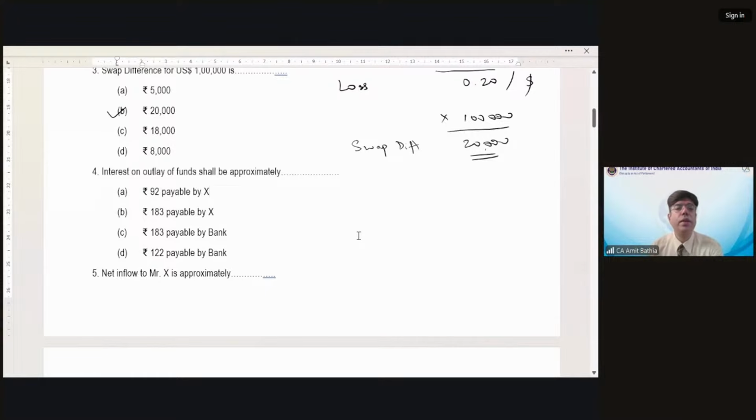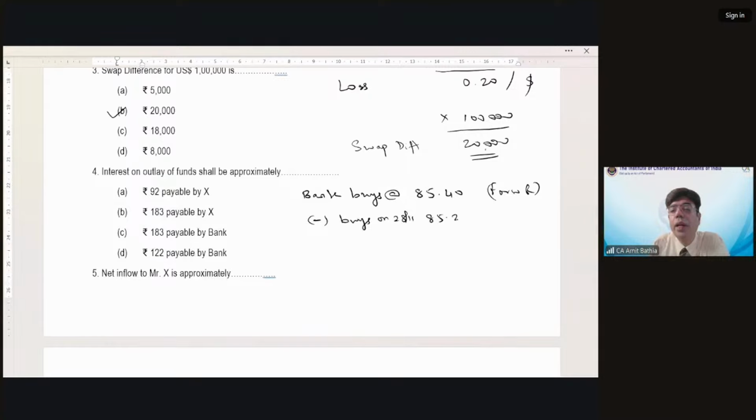Let me calculate over here. So the bank buys at 85.40. This is the forward rate given in the contract, minus what is the rate at which the bank buys on 28th November.